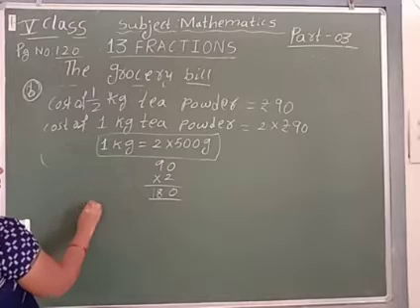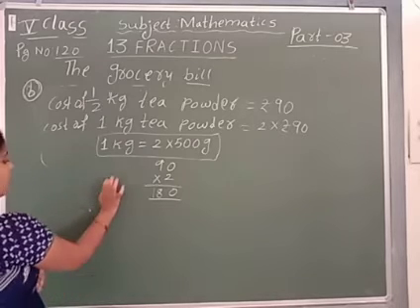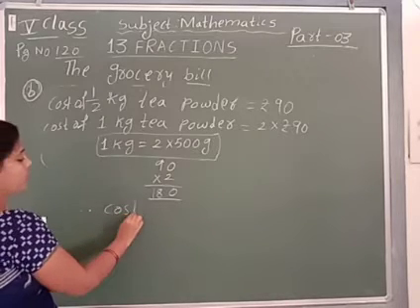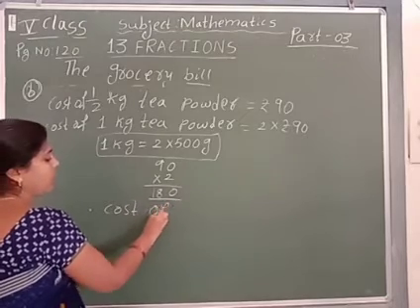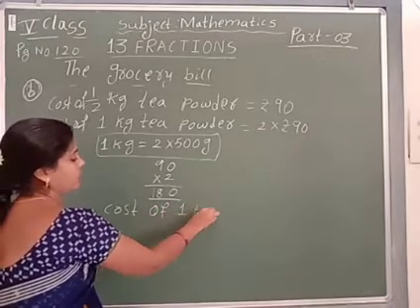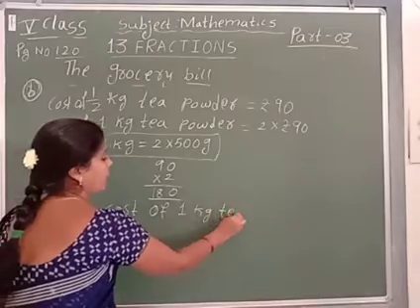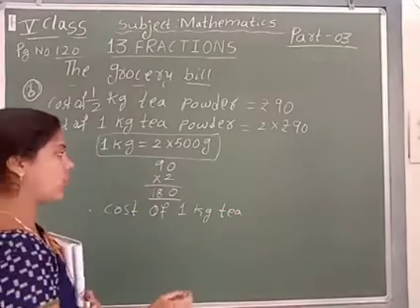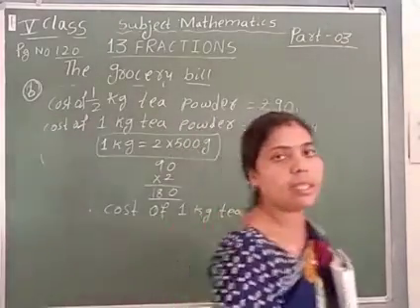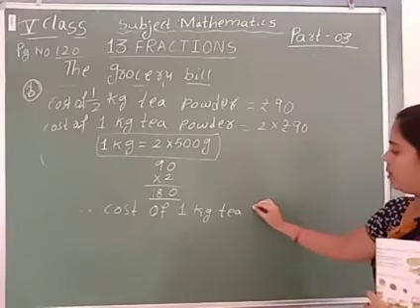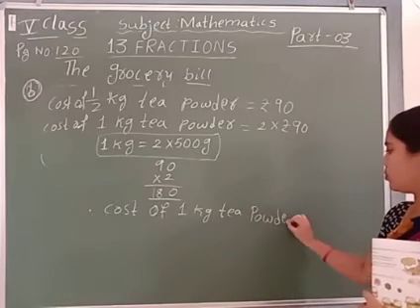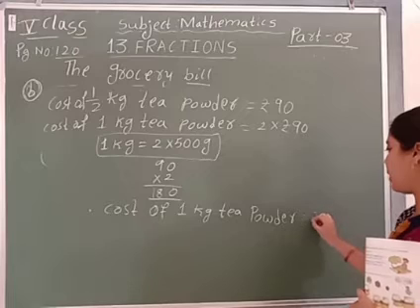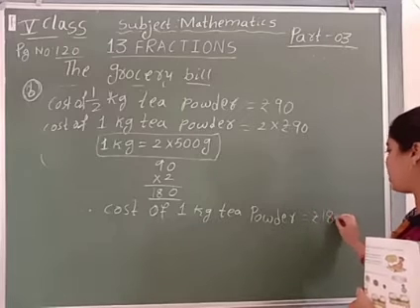Therefore, the cost of 1 kg tea powder is equal to 180 rupees.